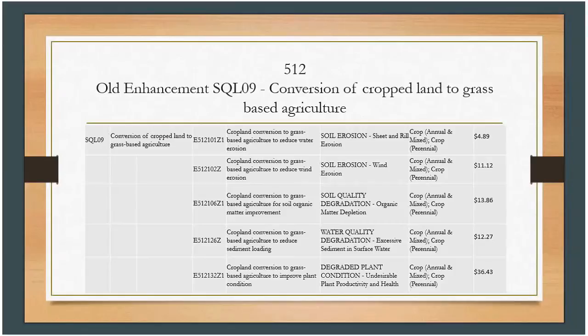And the difference between the 5 is which resource concern you're addressing: soil erosion, water, wind, organic matter depletion, water quality, excessive sediment, or plant community productivity and health. These pay between $4 and $36 an acre. They're applicable only to cropland, both perennial cropland like alfalfa stands and annual cropland.